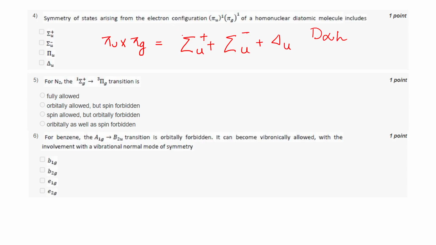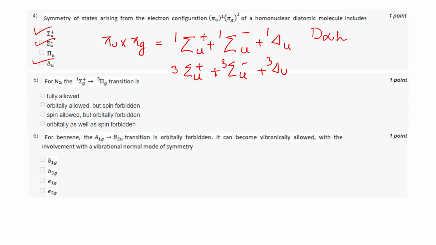So they can be either singlet, or they can even be triplet also. They don't have that stringent requirement here because those are non-degenerate. So the symmetries arising: sigma u plus, obviously, sigma u minus also arises, and also delta u. All of these three.